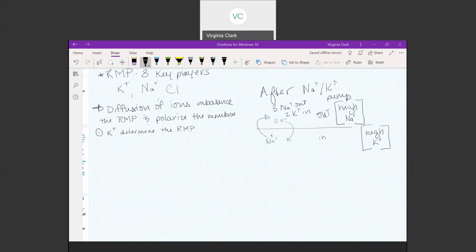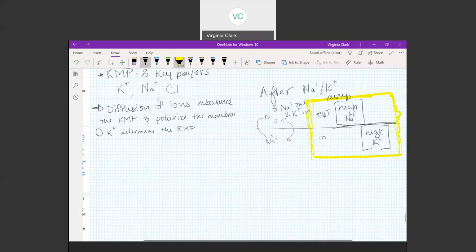At the end of the sodium-potassium pump, this is what we are dealing with: a lot of sodium outside the cell, and a lot of potassium inside the cell.